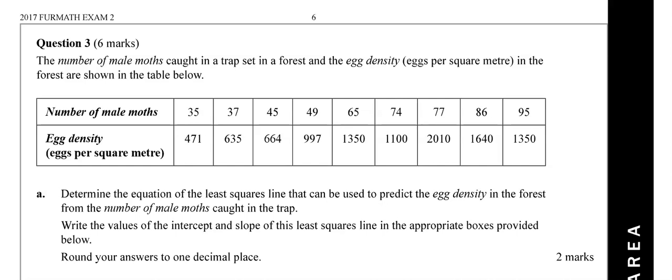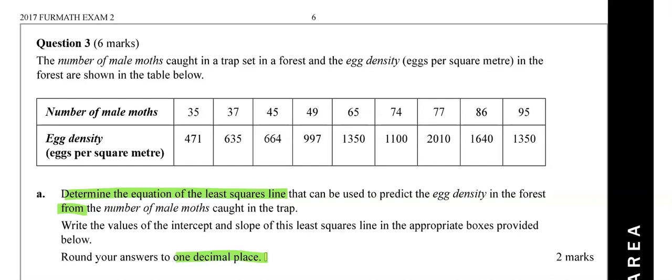Determine the equation of the least squares regression line that can be used to predict egg density in the forest from the number of male moths caught in the trap. We want to write the values of the intercept and the slope in the boxes below, rounding our answers to 1 decimal place. So firstly, we need to identify the explanatory variable and the response variable.